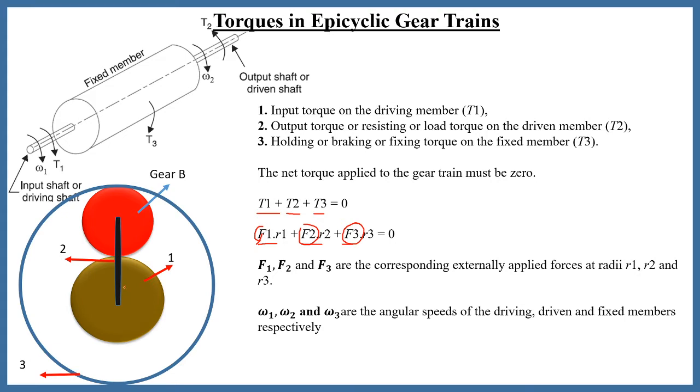The input takes some power from the prime mover, where P is equal to F into V, and F is the tangential force. From this you will get these forces F1, F2, F3. Now omega 1, omega 2 and omega 3, that means N1, N2, N3, are the angular velocities or angular speeds of the driving shaft, driven shaft and the fixed member.